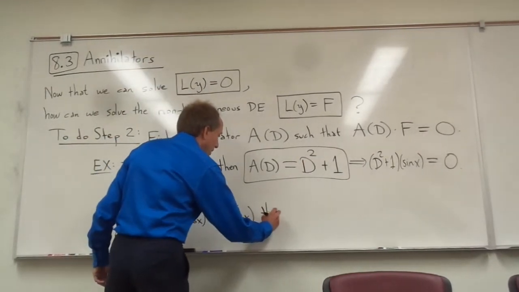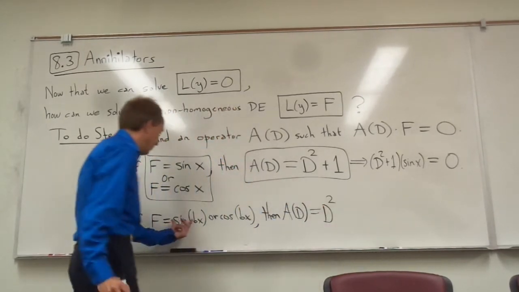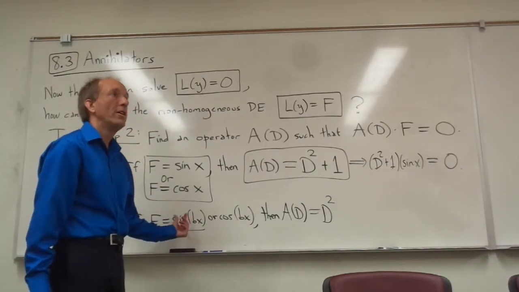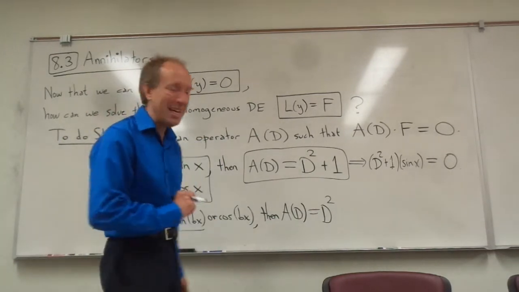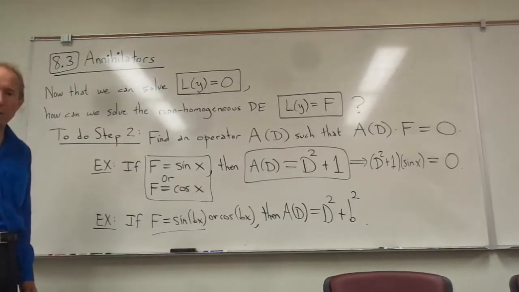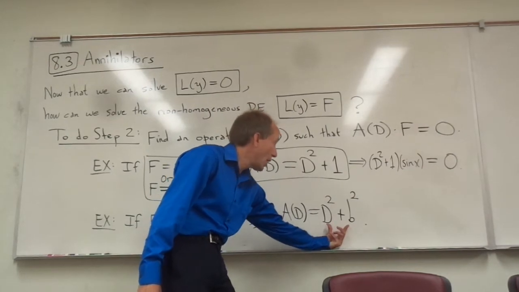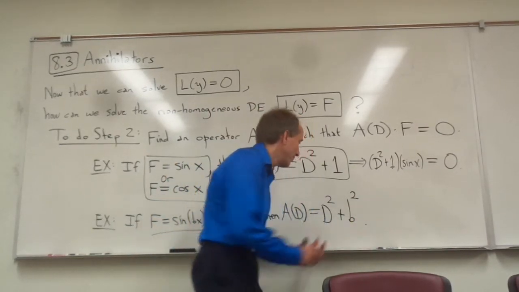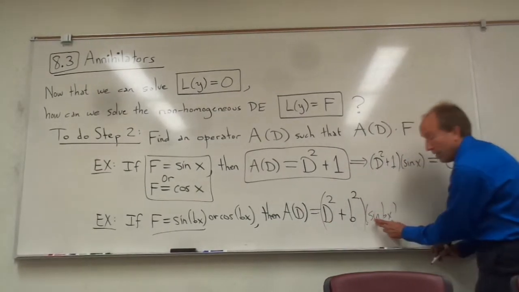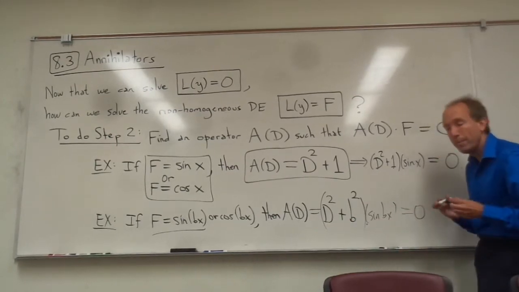So we do need to modify our annihilator just a little bit. If we take two derivatives of sine of bx, we'll get negative b squared sine of bx. So I can annihilate it with D squared plus b squared. If you apply this to the sine of bx, you take two derivatives and then add b squared times the function, you will in fact get 0.